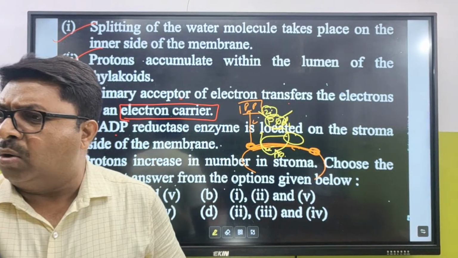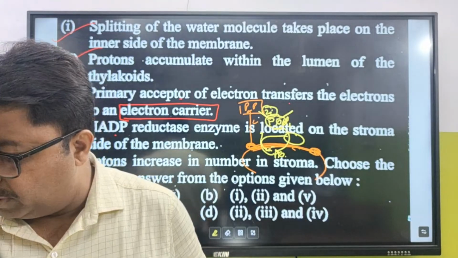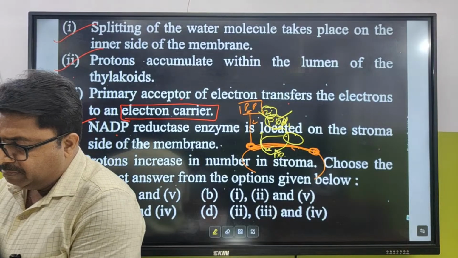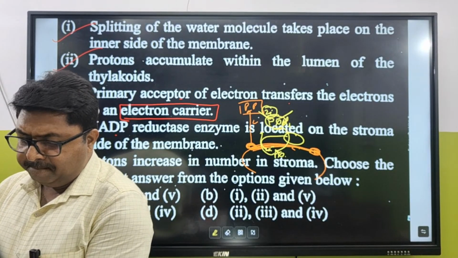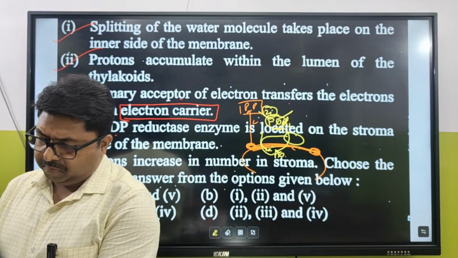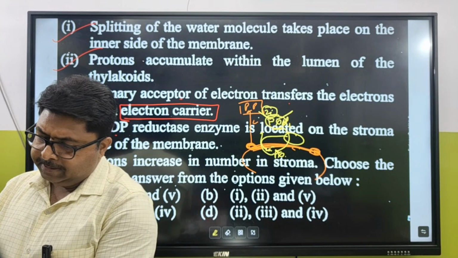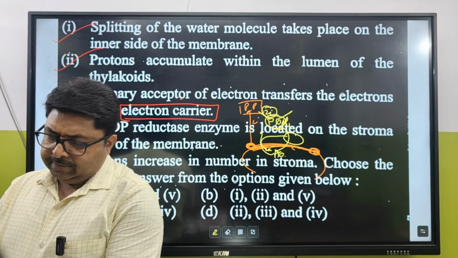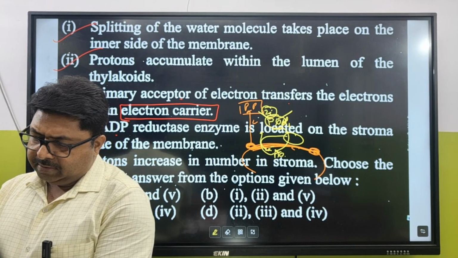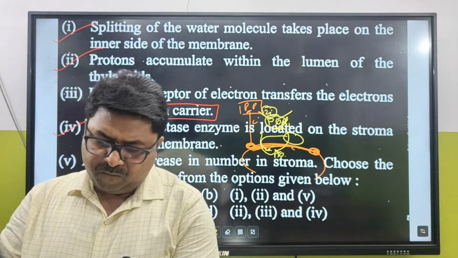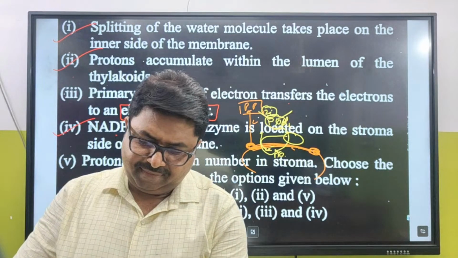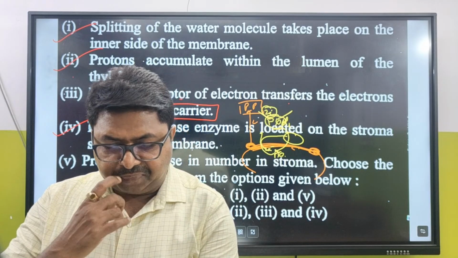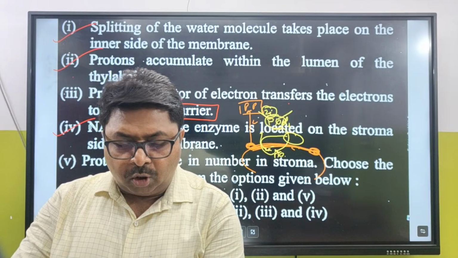Take out the book and find out. Mind you, that's very, very important. I've given that particular statement. In chemiosmosis, look where the hydrogen carrier is. Page number 214, old book.